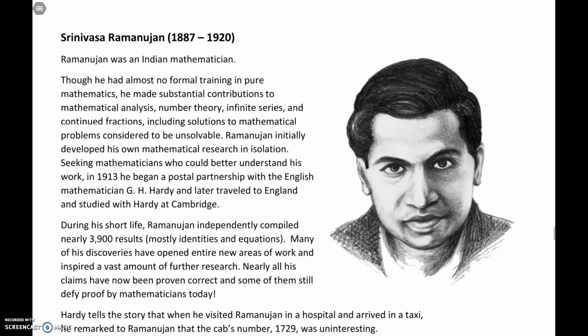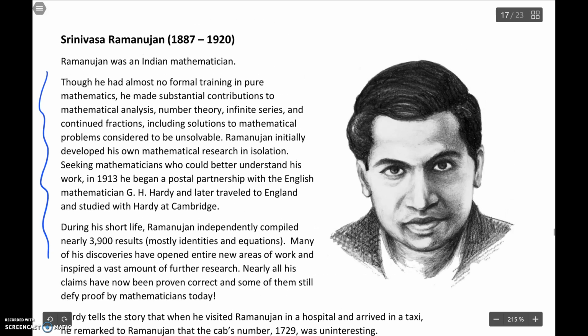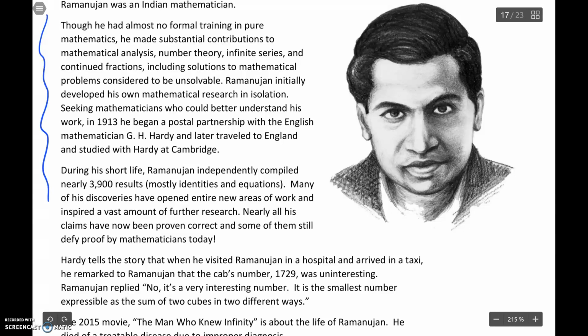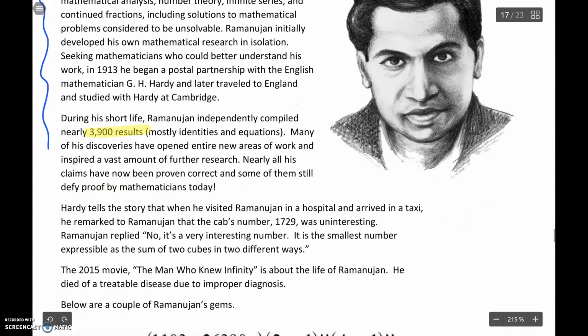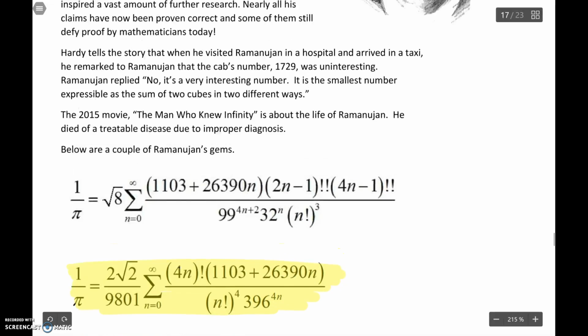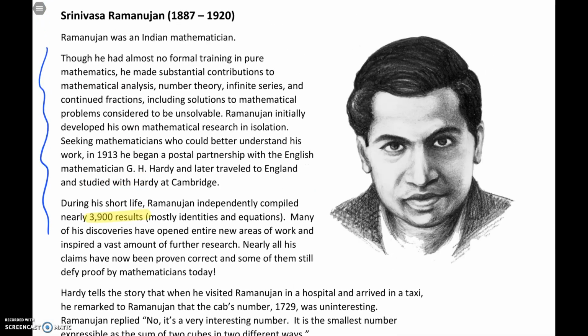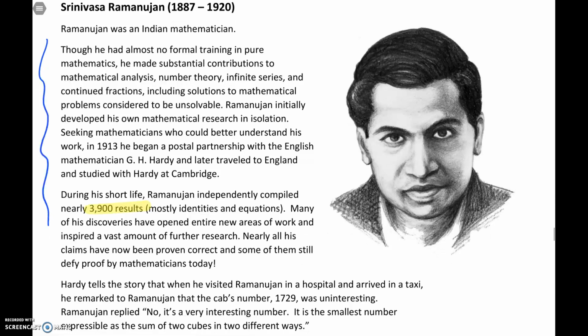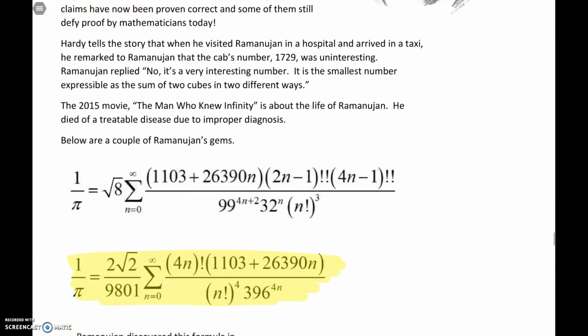This guy here, I would encourage you to read this. I'm not going to read it to you, but he came up with 3,900 of these crazy identities. His name is Ramanujan. I always say Ramanujan, but I don't know how to pronounce his name. He was self-studied. He learned math on his own. Didn't really have advanced math teachers.